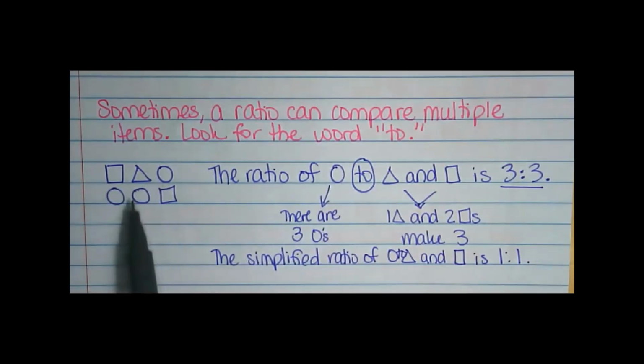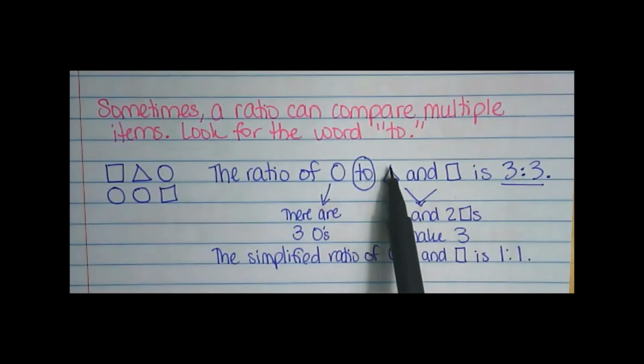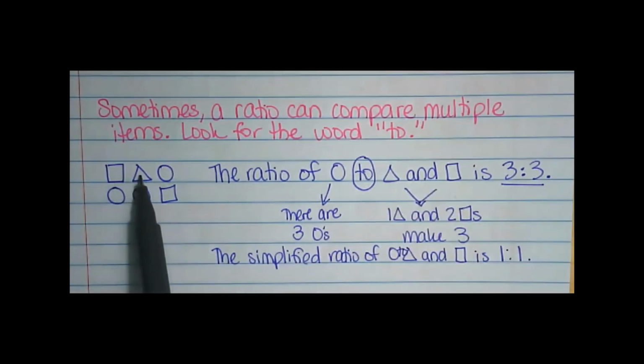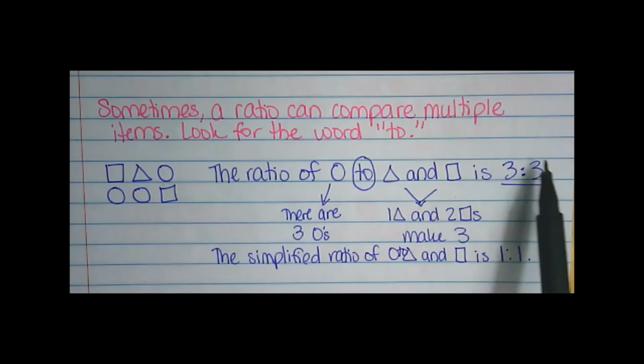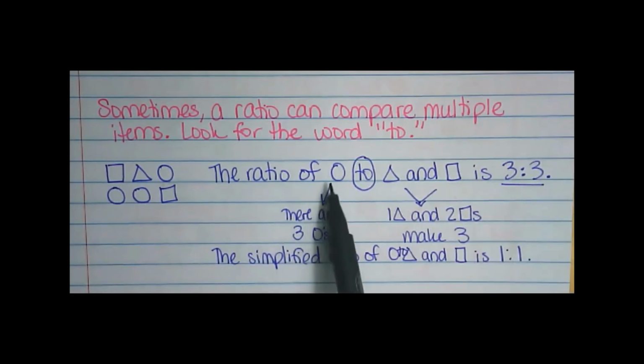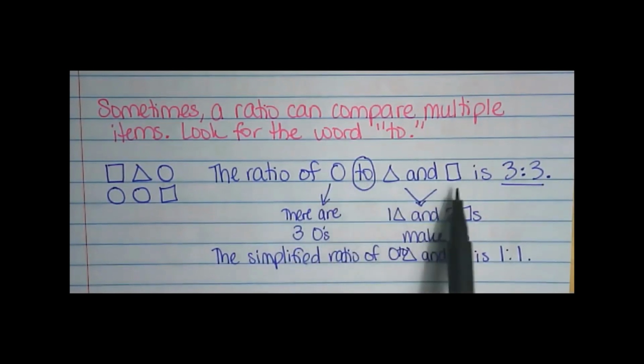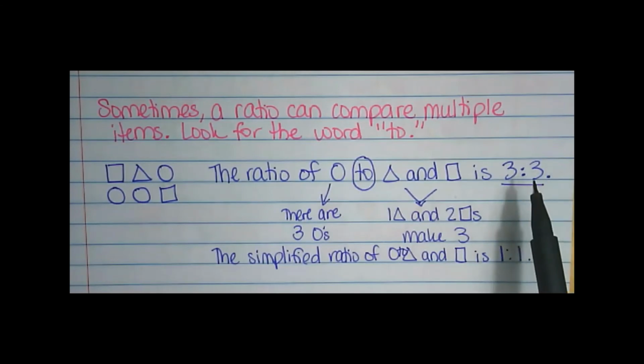So I see 1, 2, 3 circles. And then to triangles and squares, so I'm going to add those together. So triangles, I have 1, I have 2 squares, so that's 3 in all. So that means the ratio of circles to triangles and squares is 3 to 3. Okay? And again, we can simplify that just like we would a fraction. And that would be 1 to 1.